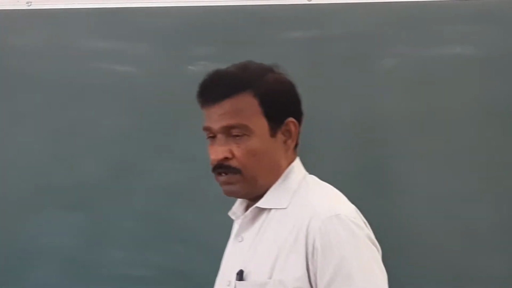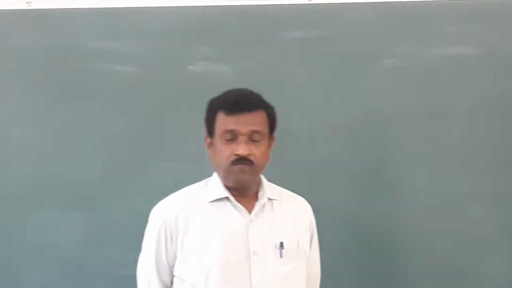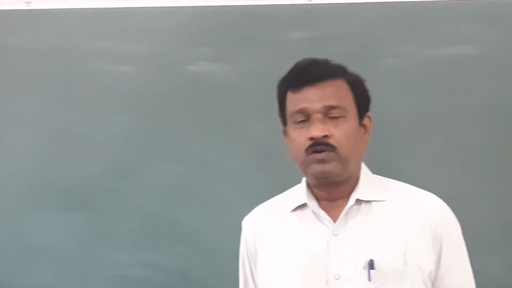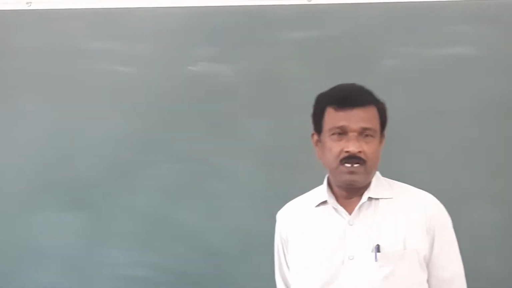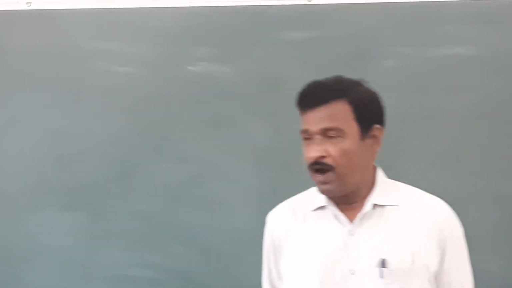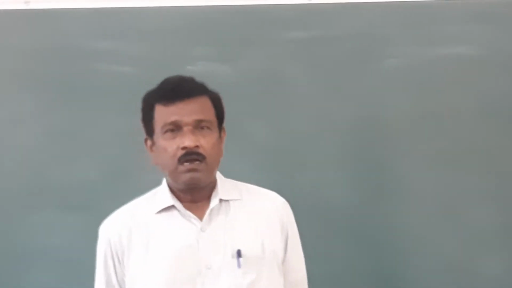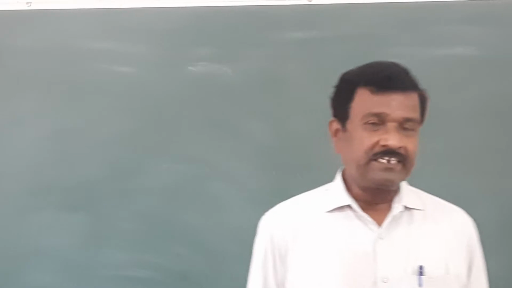Hello students, in our earlier lecture, I explained about the source of solar energy and different forms in which it is available for us to use on the earth, and also we have explained some of the devices that are used for measurement of solar radiation, that is pyrheliometer, pyranometer and sunshine detectors.